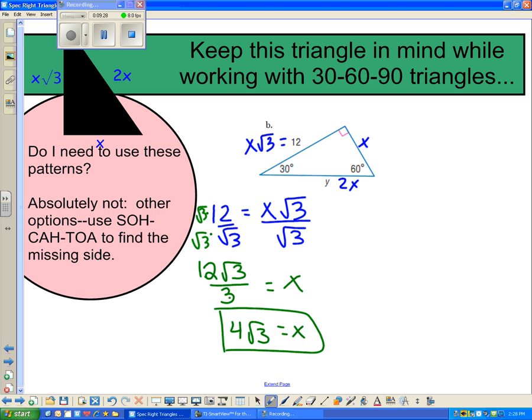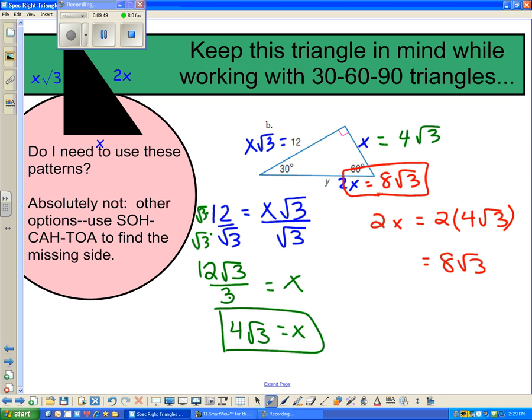Okay, well, if that's 4 root 3, then 2x must be equal to 2 times 4 root 3. 2 times 4 root 3 is going to be 8 root 3. So there's your 2x, and there's your x.